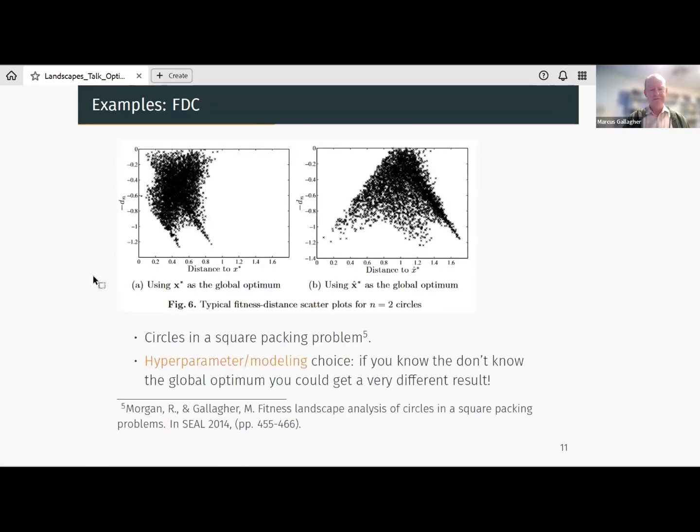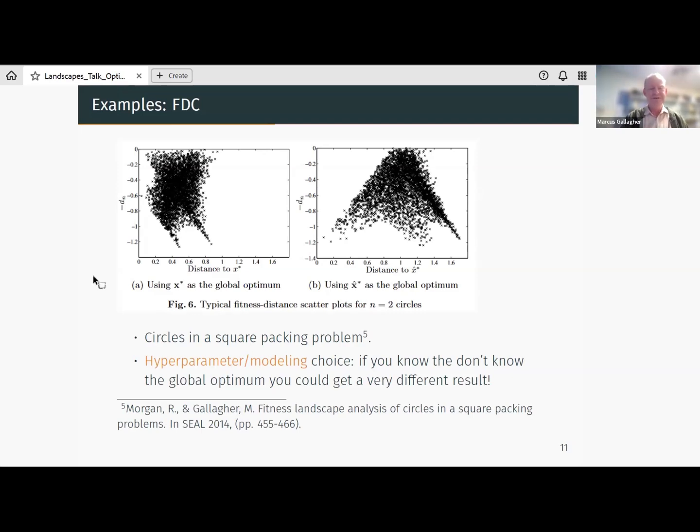And then this is a different example where, again, it's fitness distance correlation, but on the left and the right you're looking at the same problem instance. The issue here is that with fitness distance correlation, the original intention is that you know the global optimum, so you can calculate these distances.